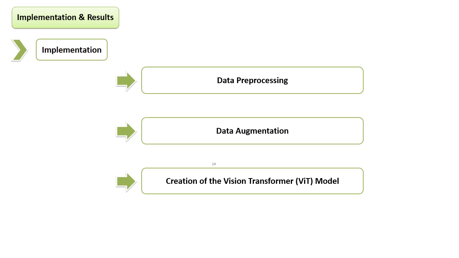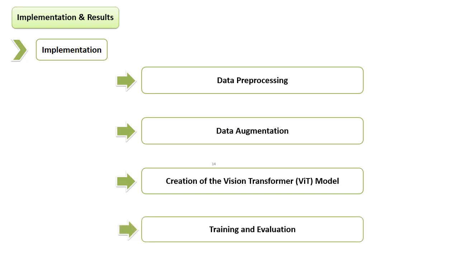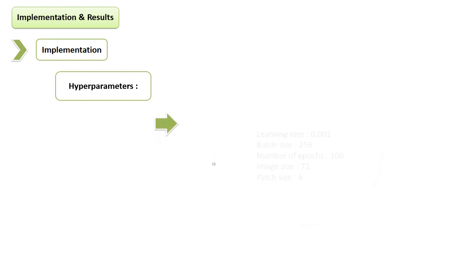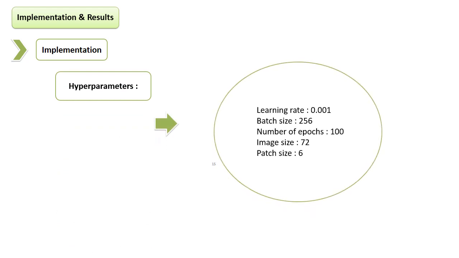And without forgetting the Adam optimizer, it has been used to optimize the parameters of the model during the training process. The last step, of course, is training. Here I mention some hyperparameters used, like learning rate, batch size, the number of epochs, the size of the image, and the size of the batch also.